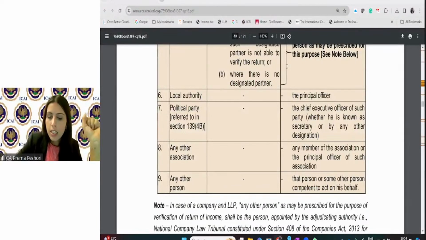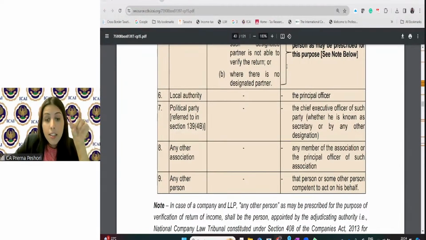So basically, there is something called the Statement of Financial Transaction, SFT, which is required to be furnished by certain persons. Now, what are these Statements of Financial Transaction? As the name suggests, it represents certain financial transactions.